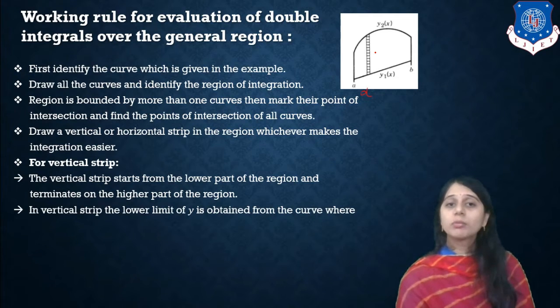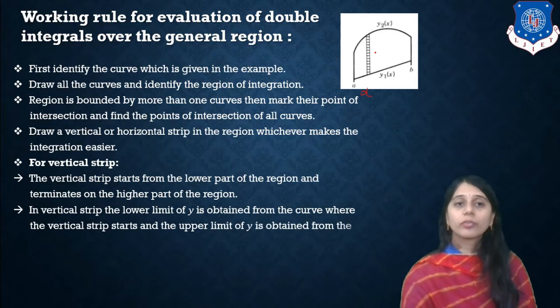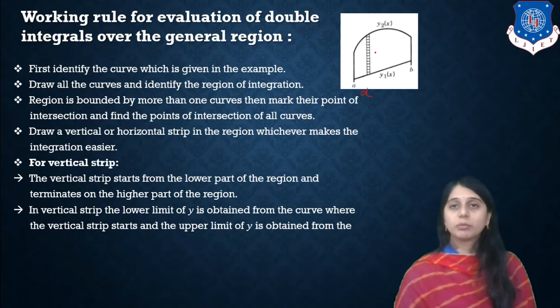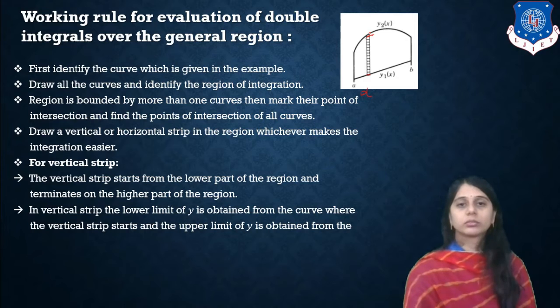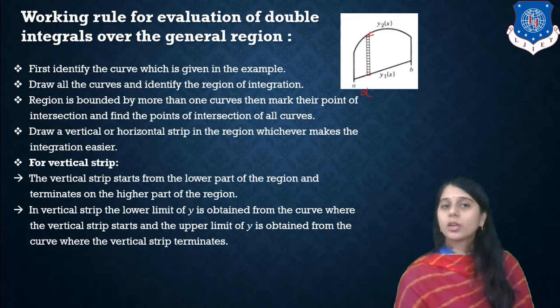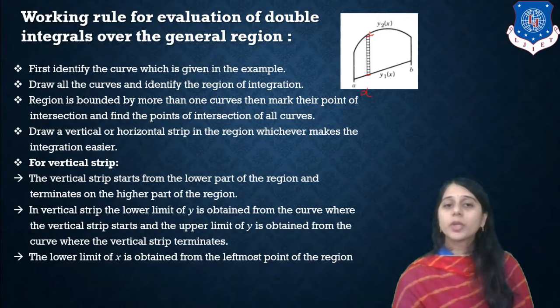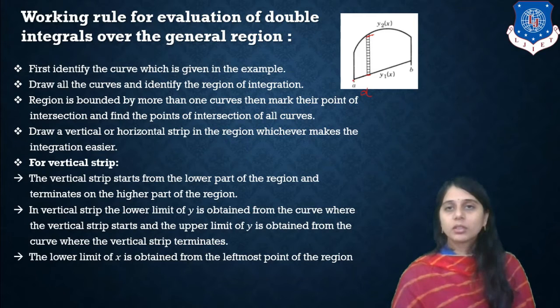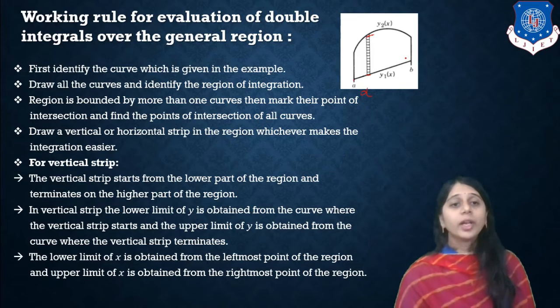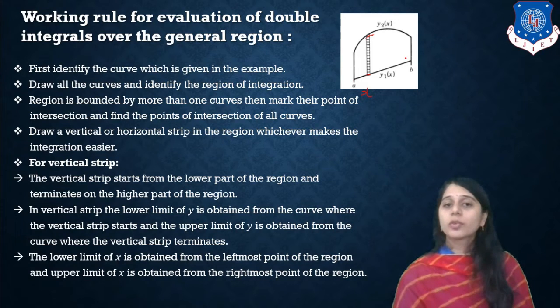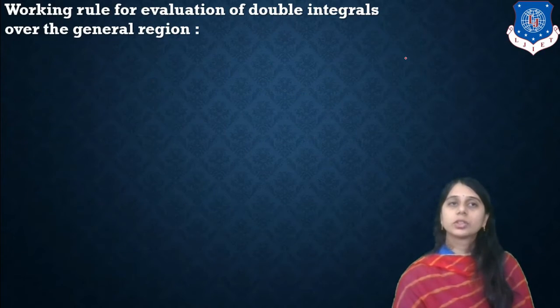In a vertical strip, the lower limit of y is obtained from the curve where the vertical strip starts, and the upper limit from the curve where the vertical strip terminates. The lower limit of x is obtained from the leftmost point of the region, and the upper limit of x from the rightmost point of the region.